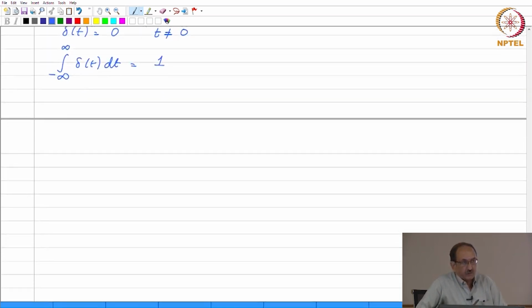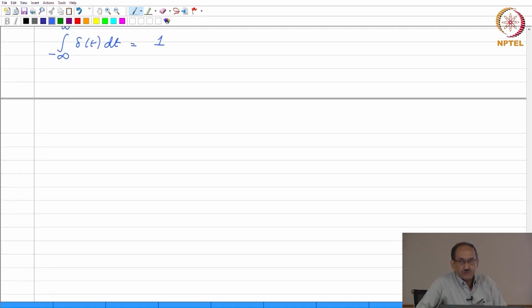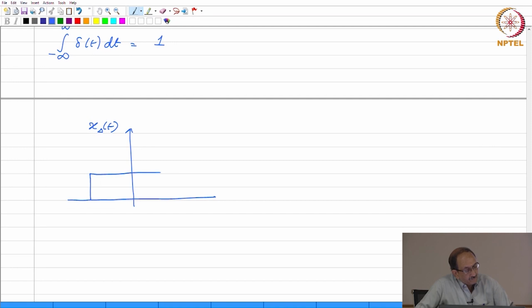And the picture that we associate with this in engineering textbooks typically is this. We have a sequence of pulses. This goes between minus delta by 2 to plus delta by 2, and the height is 1 over delta.